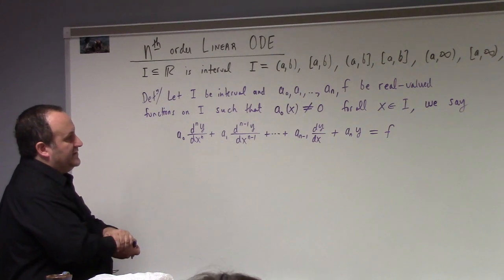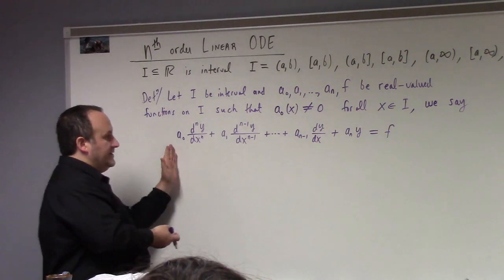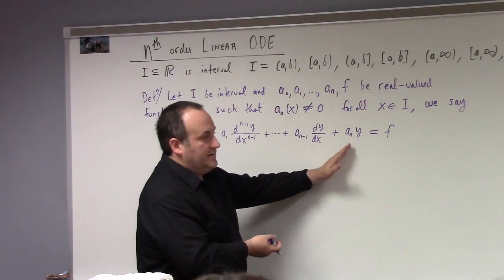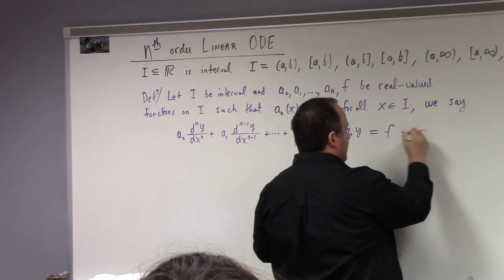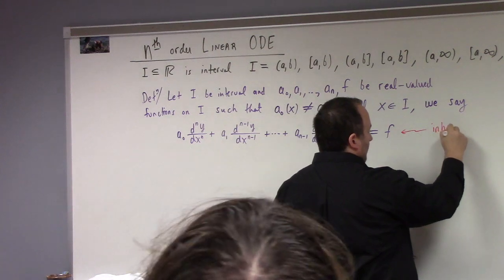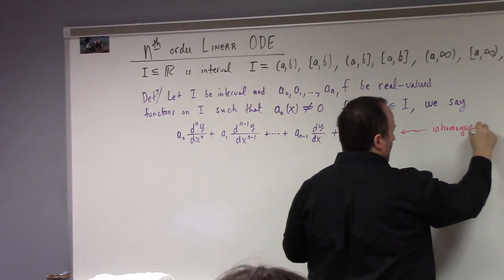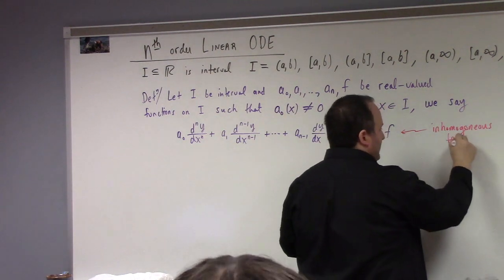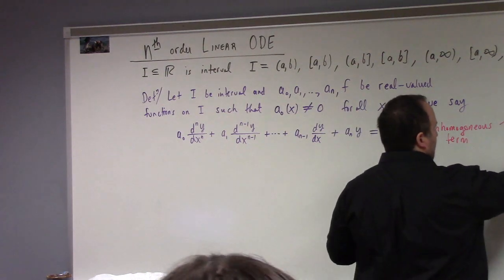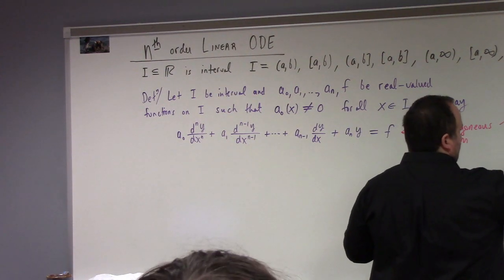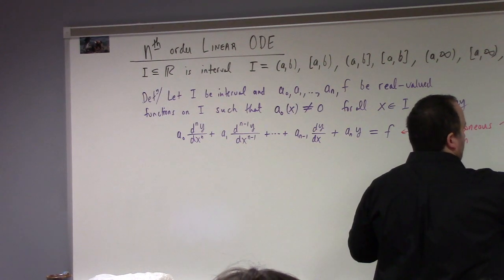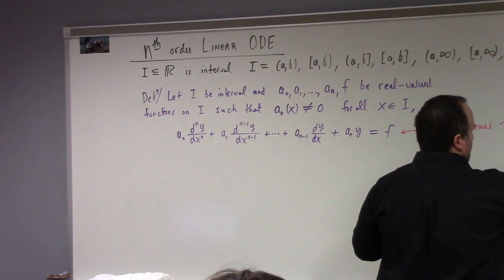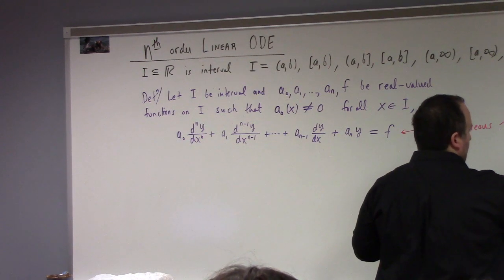The coefficient functions are the a_0 through a_n, right? And this f over here is the so-called inhomogeneous term. And what's the deal with that? So basically, if f is identically equal to 0, then let's call this star homogeneous.